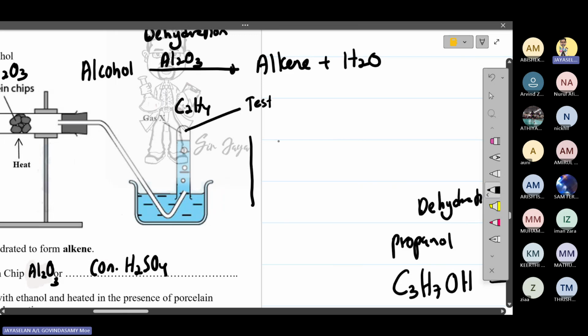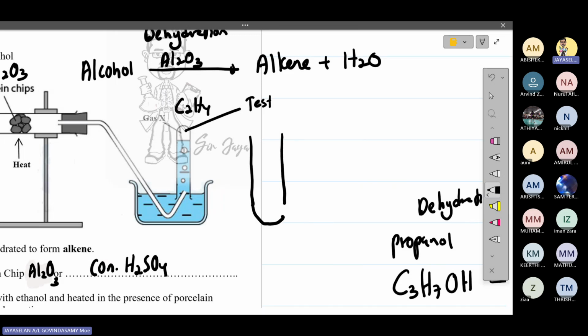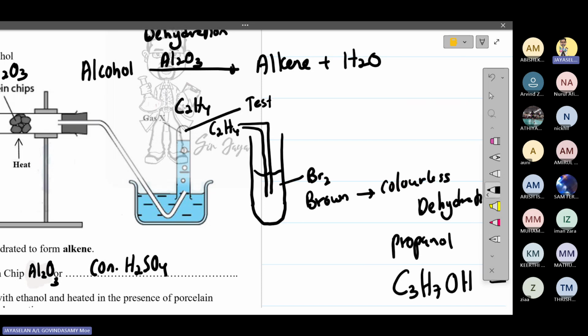In a test tube, you put what solution? Bromine solution, Br2 solution. What is the color of bromine solution? Brown, right? You bubble the gas, C2H4, into the test tube containing brown bromine solution. The brown bromine solution will turn into what? Into colorless. This confirms the presence of ethene gas.